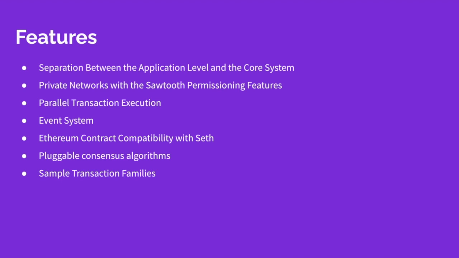In general, this event system works by broadcasting some event, and others can subscribe and listen to that particular event. In the case of Sawtooth, you can mention what kind of event you want to trigger in a transaction processor, which is the smart contract in this case.